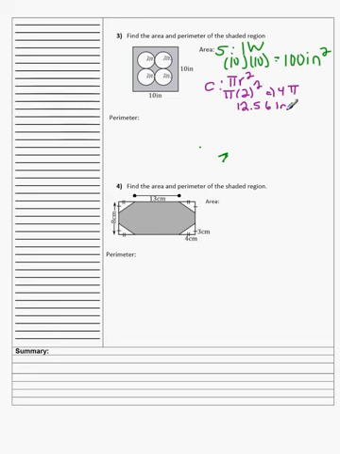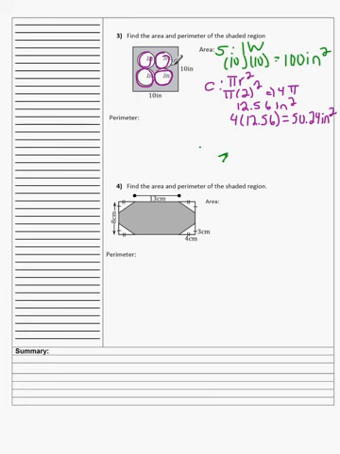So when we do pi times 4, we get 12.56 inches squared. Now you see that we have 4 of them, and they all have the same dimensions, so we can multiply this by 4 and get the total area is going to be 50.24 inches squared.